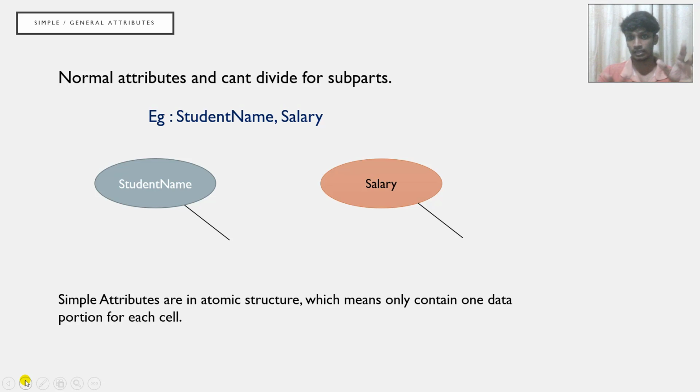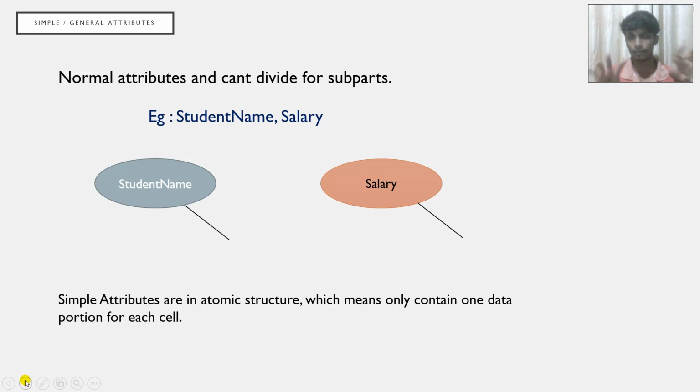I'm not saying there couldn't be multiple salaries, or multiple student names. That is not the idea. I'm just saying those are atomic attributes. You can't divide them into any more phases. So in this case, imagine student name is just one name. Don't imagine student name as first name, last name, middle name. Don't think that way.